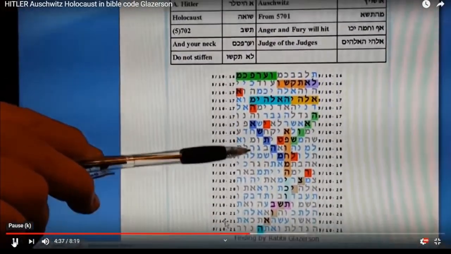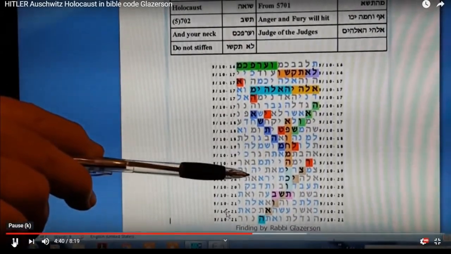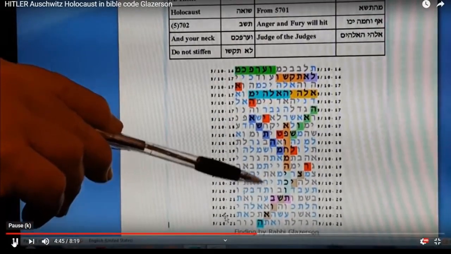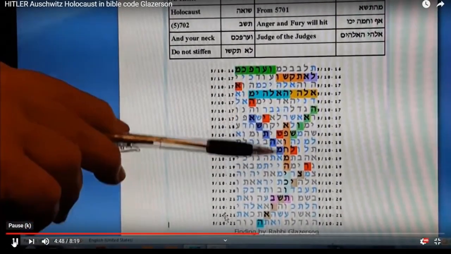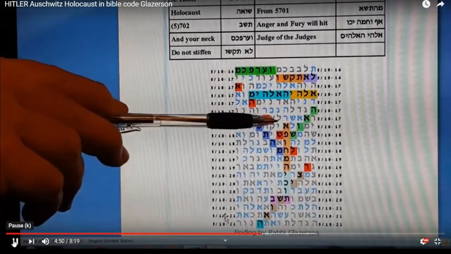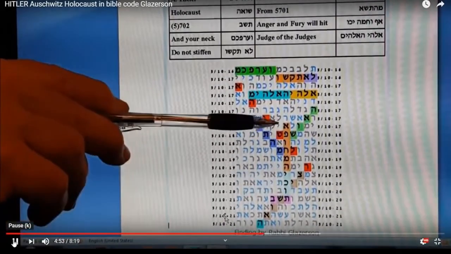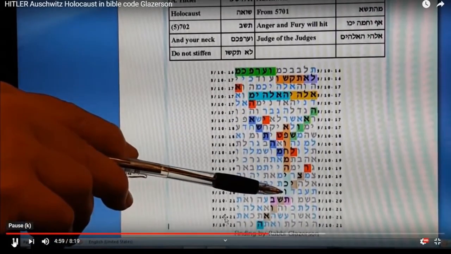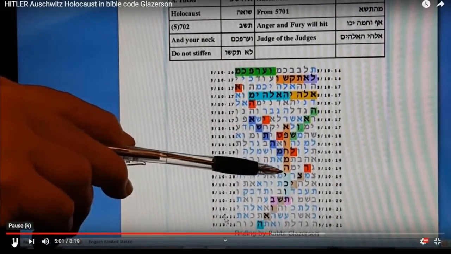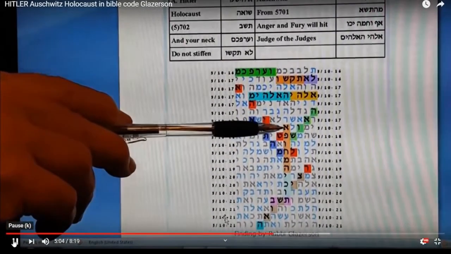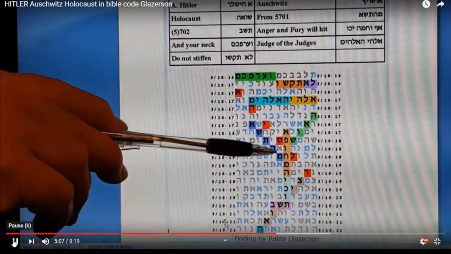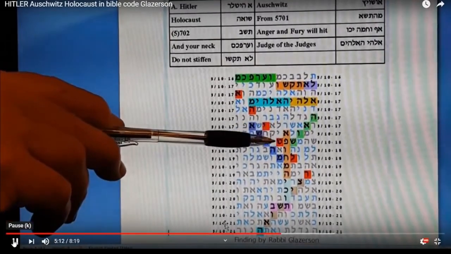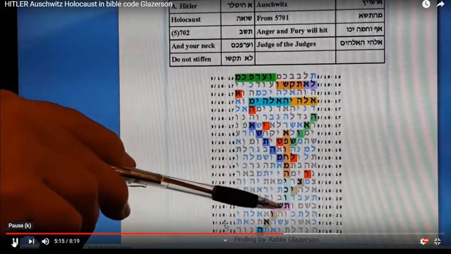Now what you have here, one can say, is the strongest proof of the codes, because after the table was built up, as we said, with 22 letters between letter and letter, I realized a new sentence coming: Af v'chemah, wrath and anger will smite. Amazingly, this is exactly what the Torah always brings when it speaks about punishment and judgment because of the sins. It says Af v'chemah, God is full of anger and wrath against the Jewish people who are sinning.